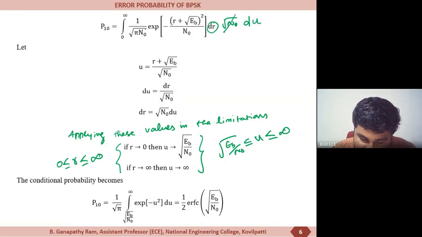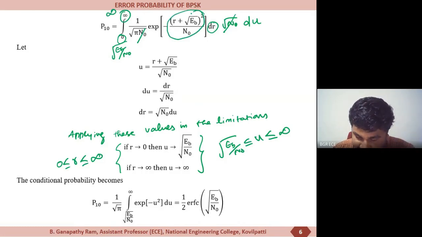So this square root of N0 and N0 will get cancelled. So 1 divided by square root of pi alone will be left over as a constant. And the 0 will be replaced by square root of EB by N0, and infinity will be replaced by infinity. And this entire term is replaced by u square.